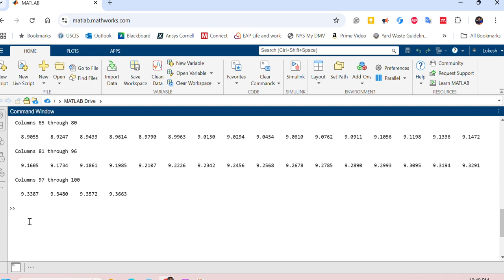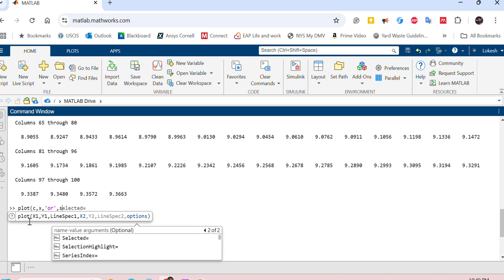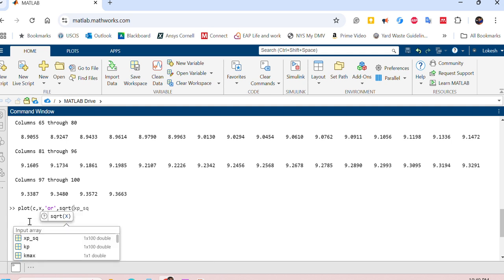So now if I try to plot this, let me plot the original values of the c squared, or if we want to compare just the c and x, I'm going to say c comma x comma, just make it red dots, and my predicted value is going to be the square root, SQRT, of the XP predicted squared.